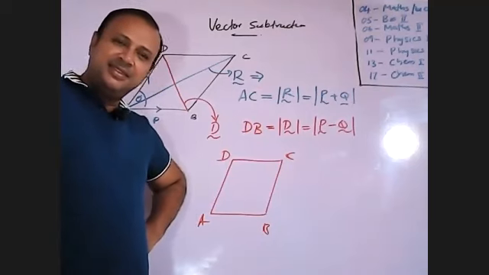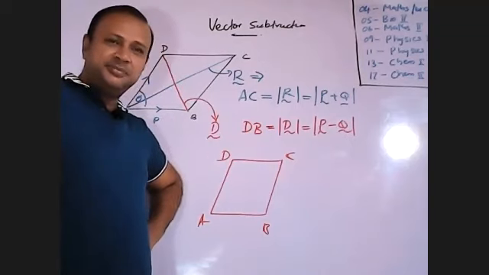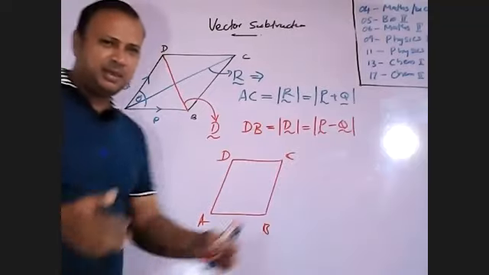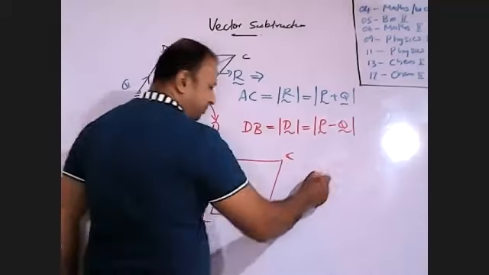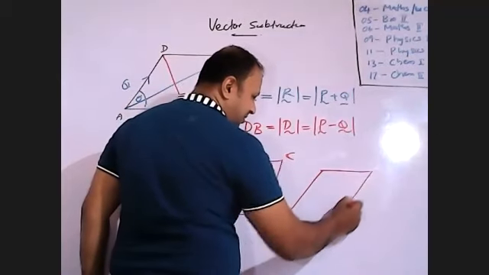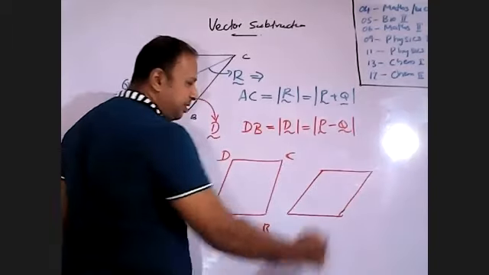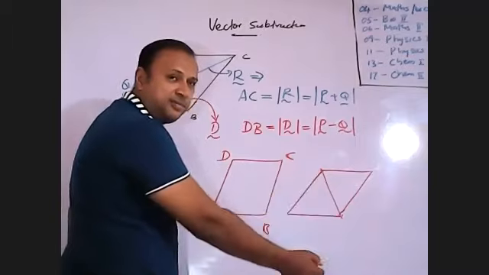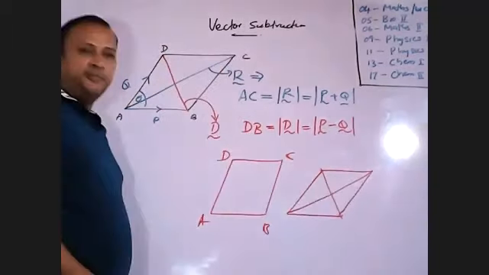No. Rhombus? How can it be? Rhombus means this is a diamond shape. I'm not asking about sides, okay? If it is a diamond shape, you can clearly see this diagonal is a shorter diagonal, no? This one is the larger diagonal.